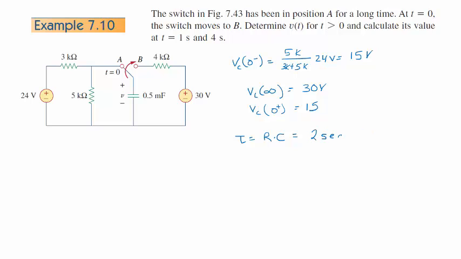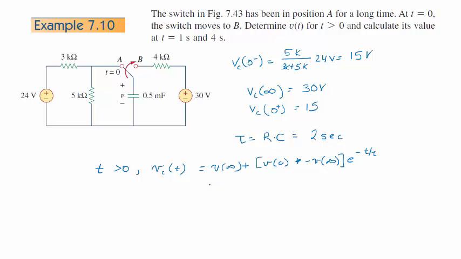So now we can write out by inspection, which is a lot shorter than doing a differential equation, the voltage in the capacitor as a function of time, for t greater than 0, after we throw the switch into position B, which will be V at infinity plus V at 0 minus V at infinity, times e to the minus t over tau.